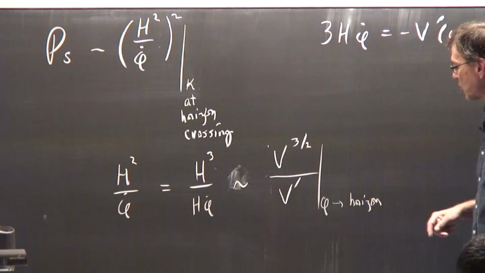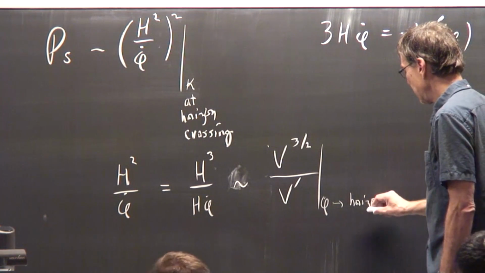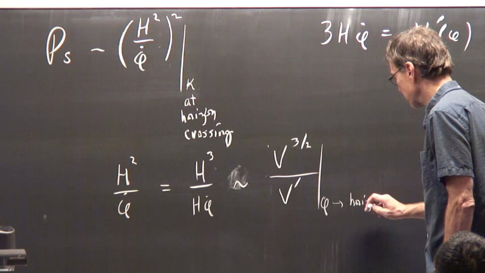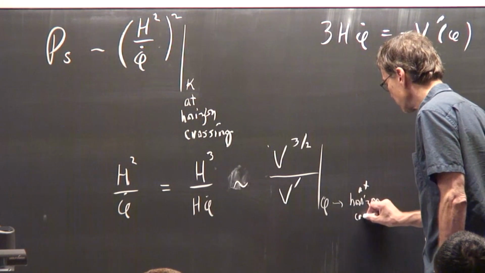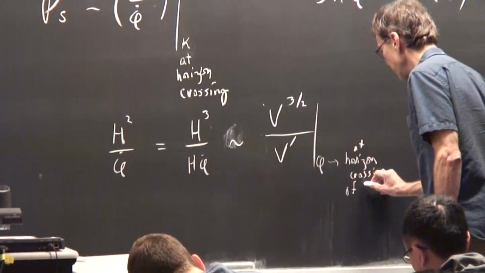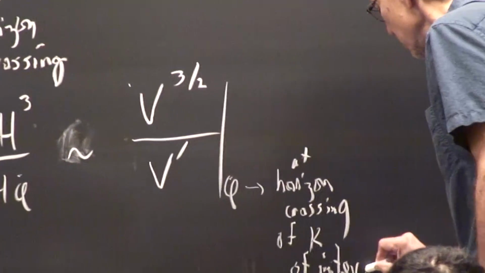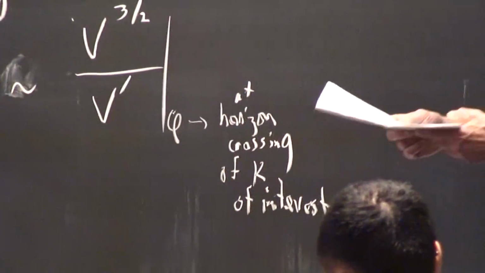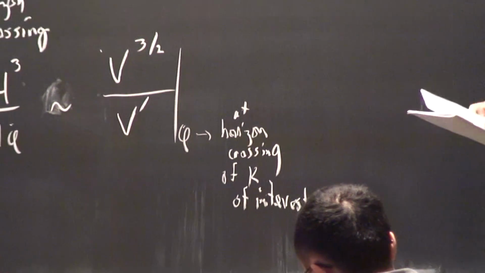So if we want to know this at a certain k, we need to find the value of phi when that k executed horizon crossing. So that's the horizon crossing of the relevant k. And so we'll see how to do that in an explicit example.